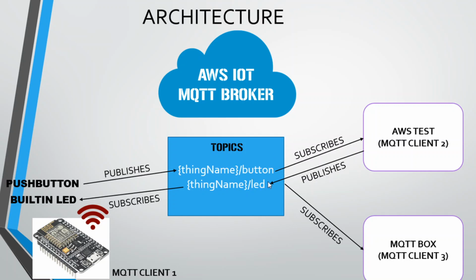As the push button is pressed, on the first press we send 0, on the second press we send 1, on the third press 0, then 1 again, so we are switching between 0 and 1. The topic here is thing name slash button.